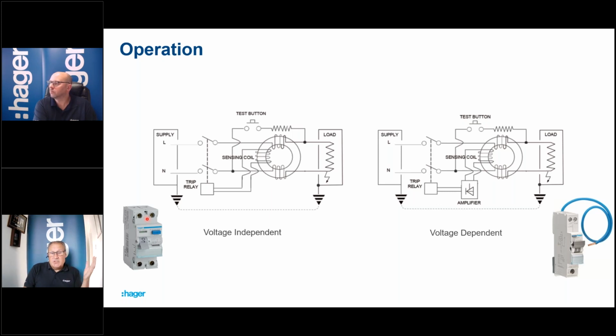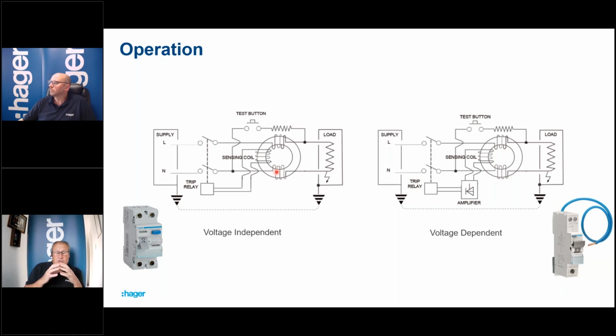So it's pretty much current operated. As you can see in the drawing there, and that's what I said about going around the coil a couple of times. If there is residual current such that the current in the line conductor, obviously then that's feeding earth fault current as well, is larger than the current in the neutral conductor, the coil inside the product is sufficient to generate enough power to power itself in order to do the trip.